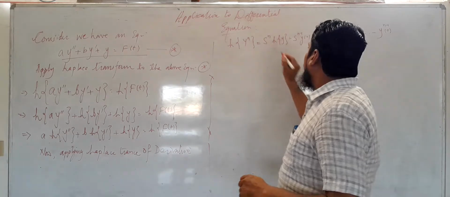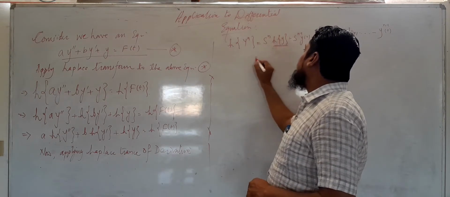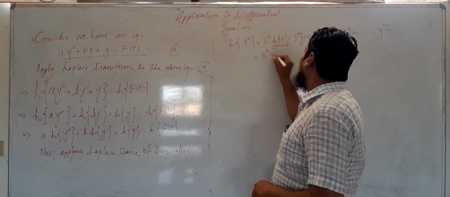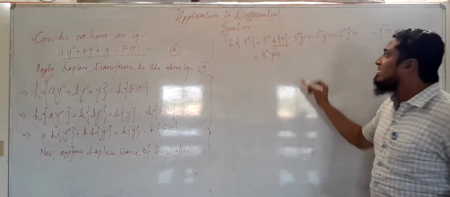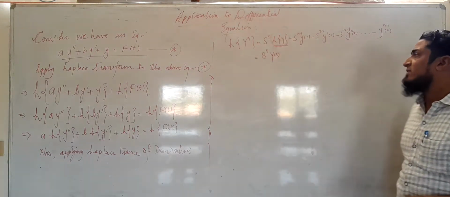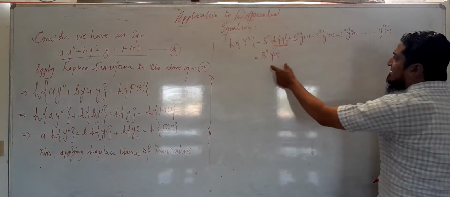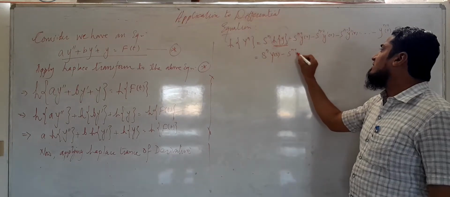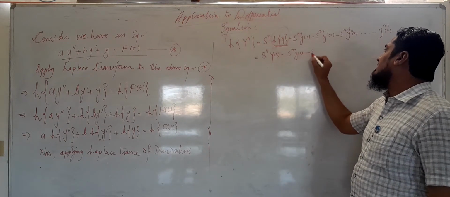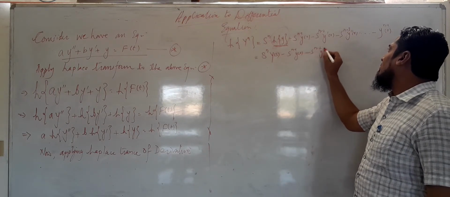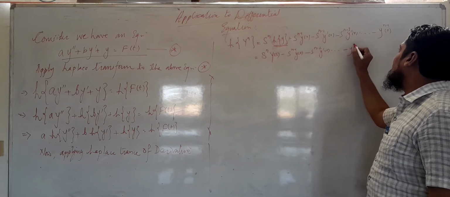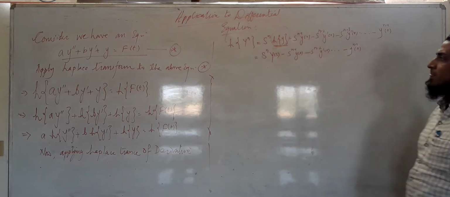Since we are taking Laplace transform of y of t, we will get y of s, and s raised to n minus 1 y of 0, s raised to n minus 2 y dash of 0, and so on up to y raised to n minus 1 of 0.